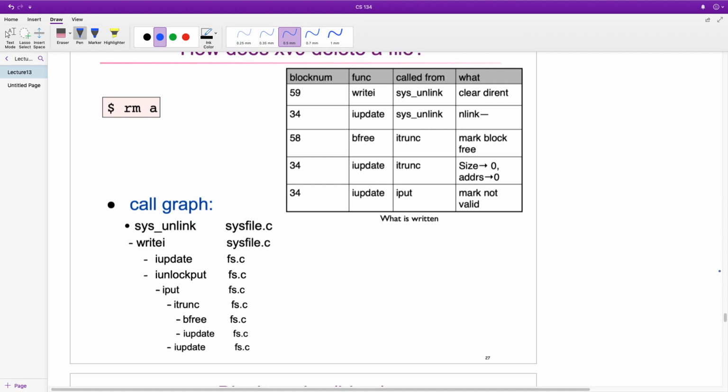We have to reduce the number of links in the inode, and then if the number of links is down to 0, then we're actually going to go ahead and mark the block as free. Right? If the number of links is greater than 0, that means there's still other hard links referring to this data, and so we leave the inode alone. Okay.